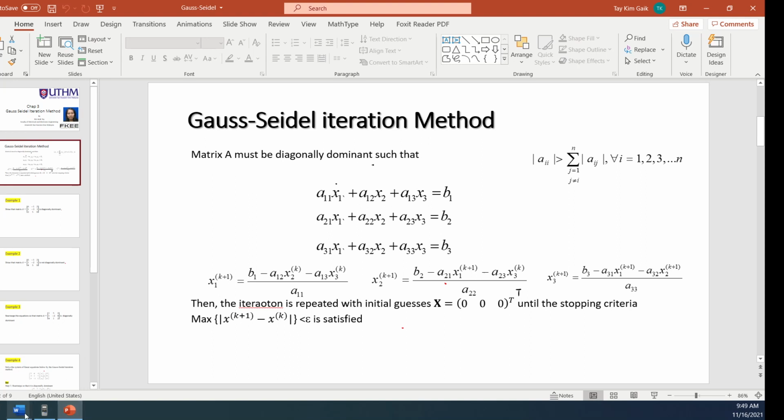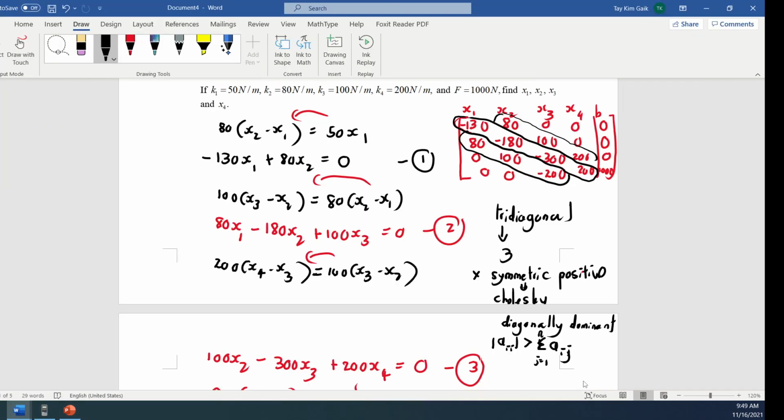Must be strictly greater. Here magnitude A22 is 180, but |A21| is 80 and |A23| is 100, which add up to 180, so they are equal. So cannot, because this must be greater. So this is not diagonally dominant.